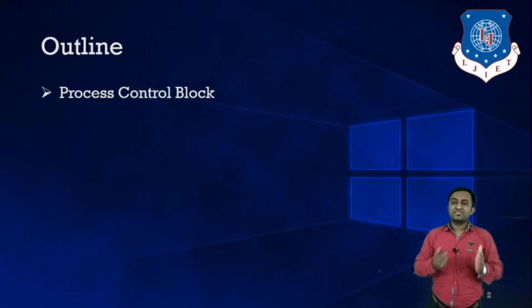So what is PCB? PCB is nothing but one internal data structure which is associated with each process in the main memory. Whatever the number of processes we have, the same number of process control blocks we have in main memory.